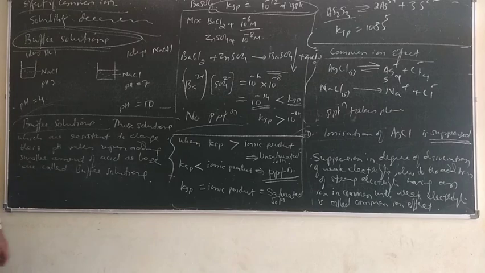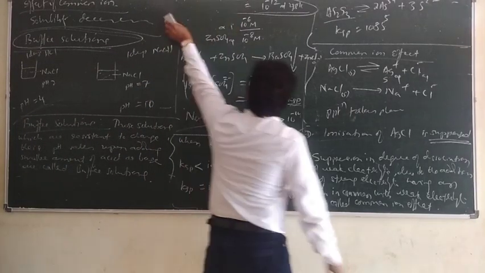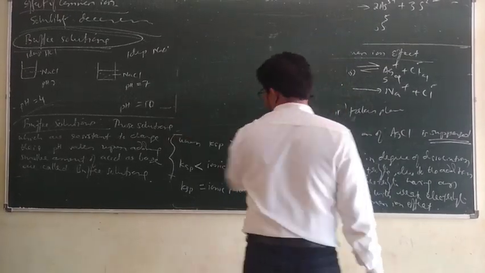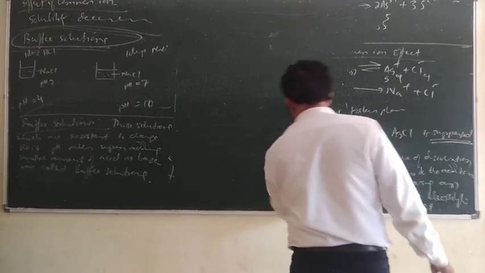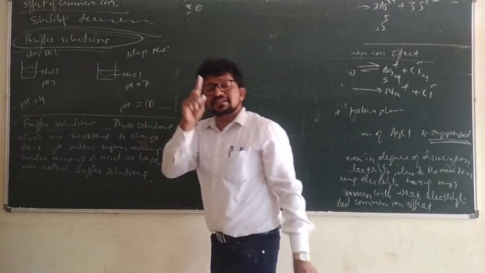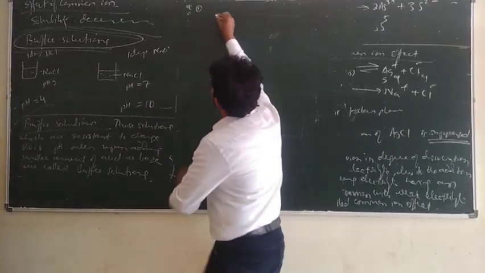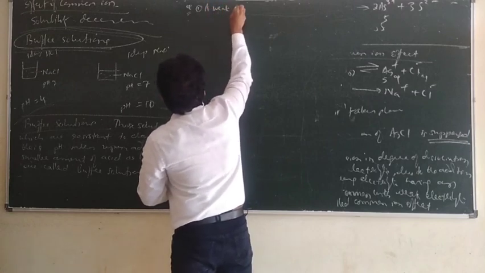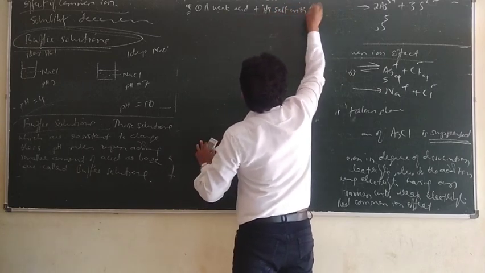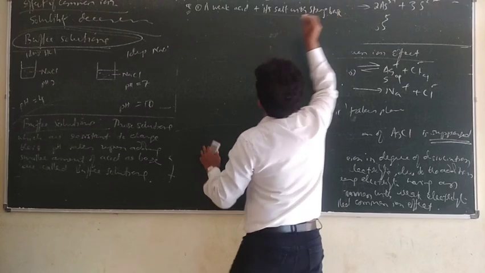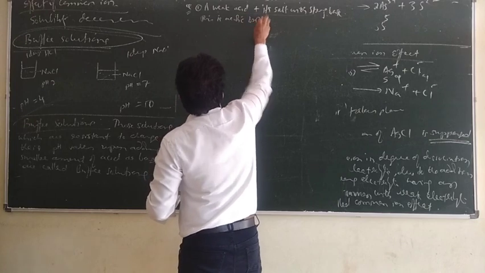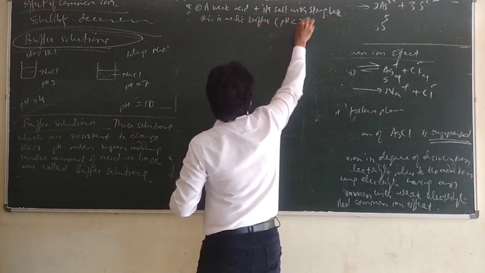Then give some examples of buffer solution. I will give you some examples. See, it cannot be a single solution. A weak acid plus its salt with a strong base. This is one buffer, the acidic buffer, and pH is less than 7.